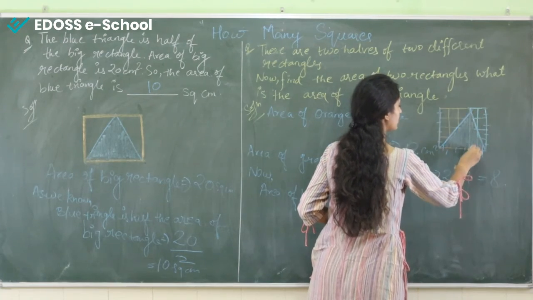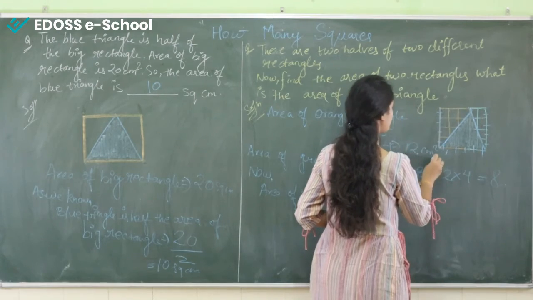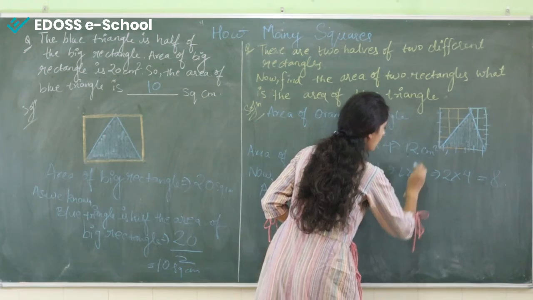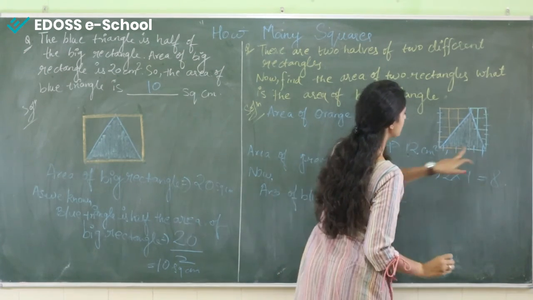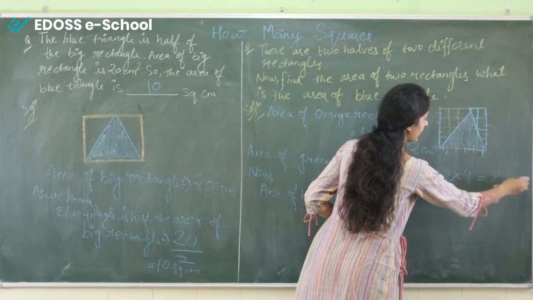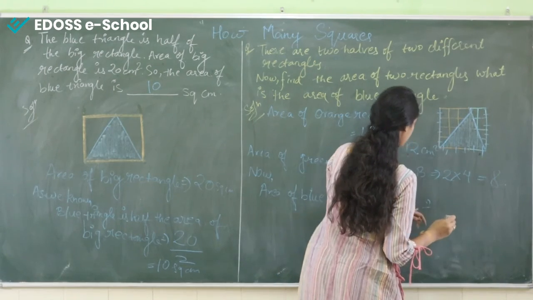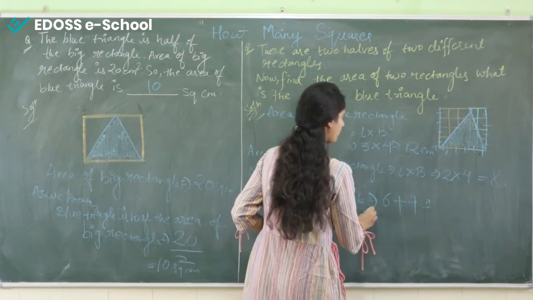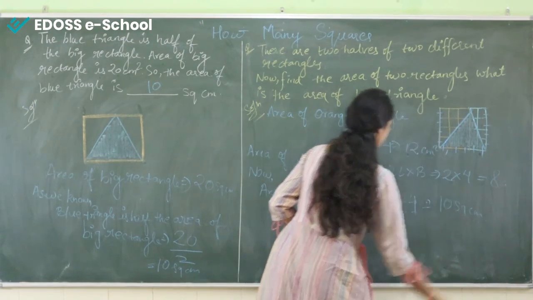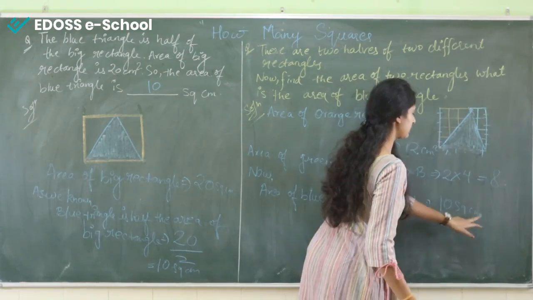As we know, this is a half triangle, that is half of this rectangle, half of 12 is 6, plus half of green rectangle, that is 8 divided by 2 is 4. So the area of blue triangle is 6 plus 4, that is 10 square centimeter.